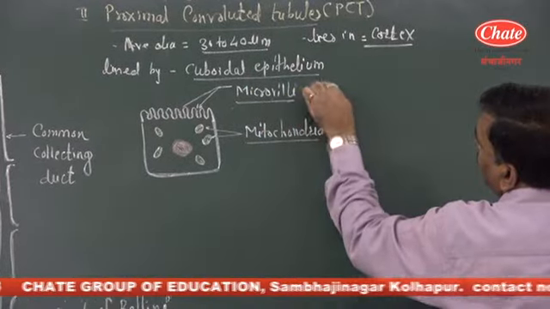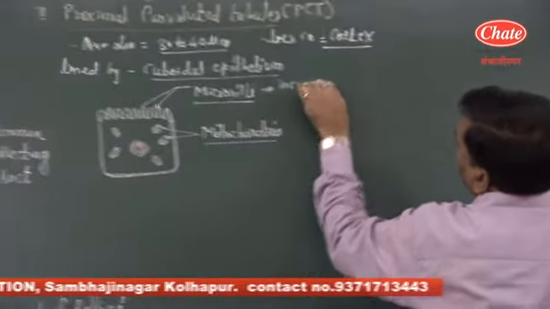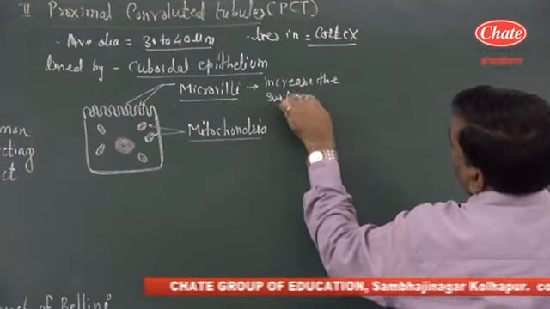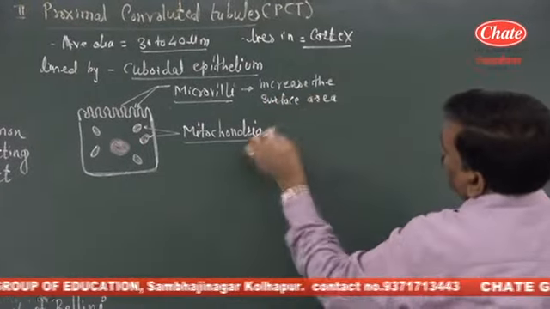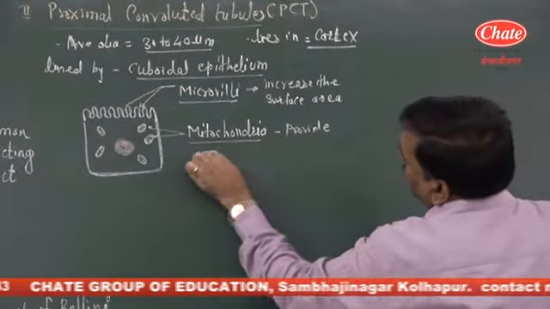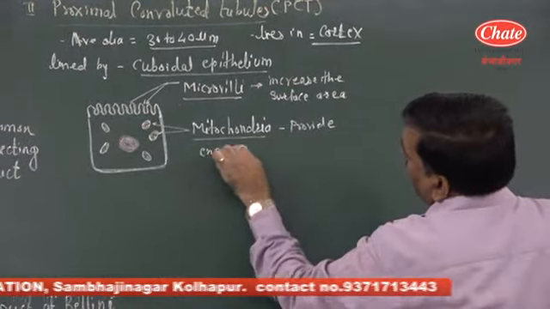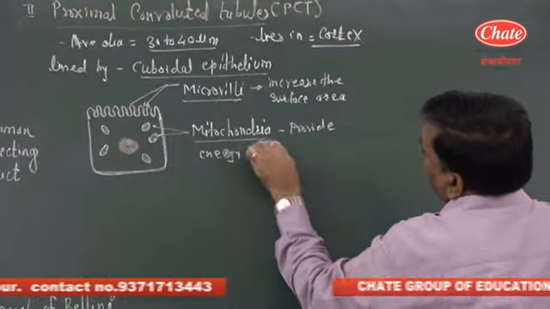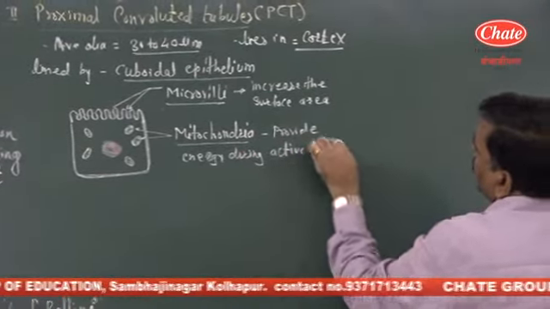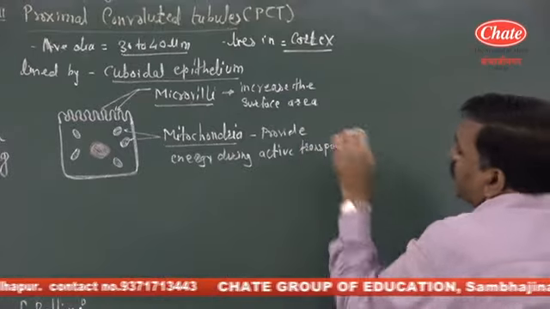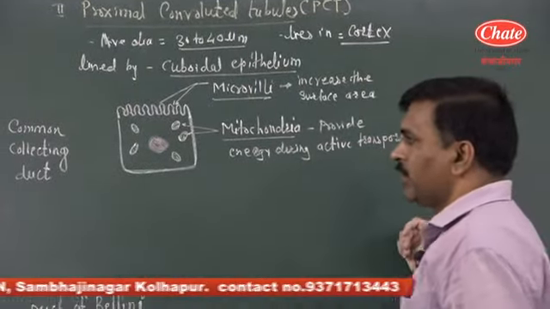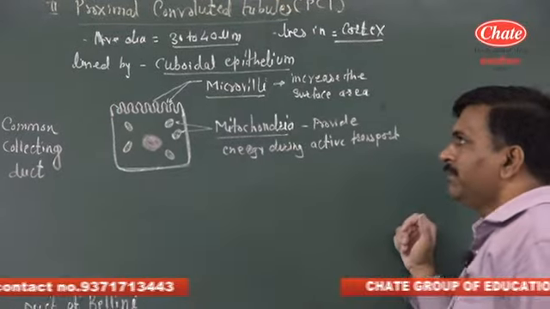These microvilli perform the function of increasing the surface area for absorption, and mitochondria provide energy during active transport. Remember this point from the NEET exam point of view, that is microvilli and mitochondria.